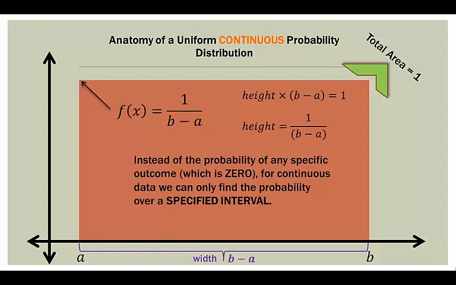So that's the difference between a coin flip or a die roll, which has 2 and 6 outcomes respectively, or continuous data, which has an infinite number of outcomes, and it's only limited by the precision of whatever measuring instrument you are using. Okay? So the idea that for any given outcome the probability is 0, therefore we can only find the probability over a range of outcomes, is fundamental to understanding the normal distribution. And that's why I spent 4 minutes explaining it, in case you didn't watch the video on continuous uniform distributions that this slide is in.